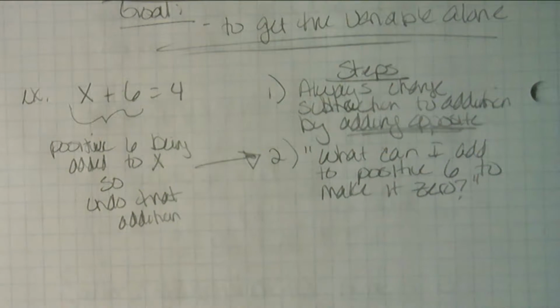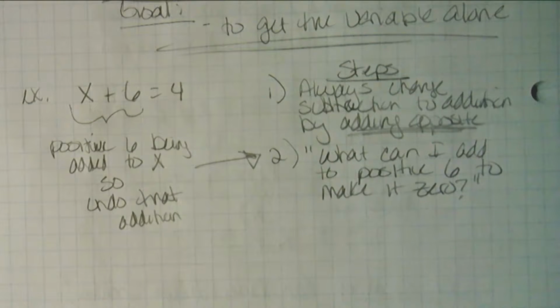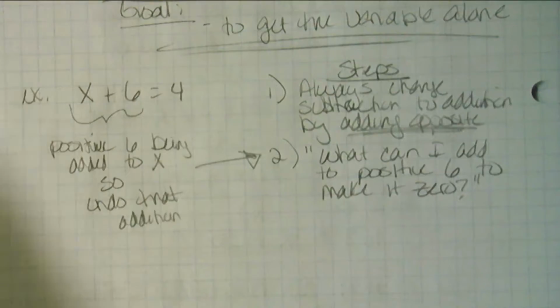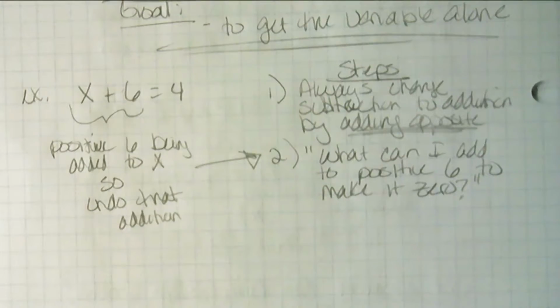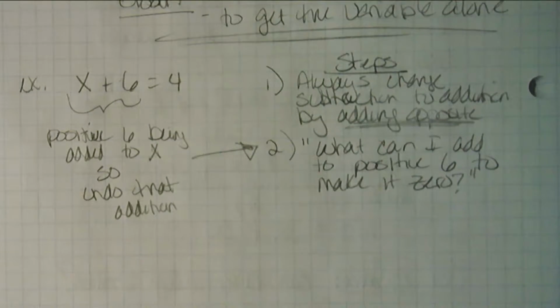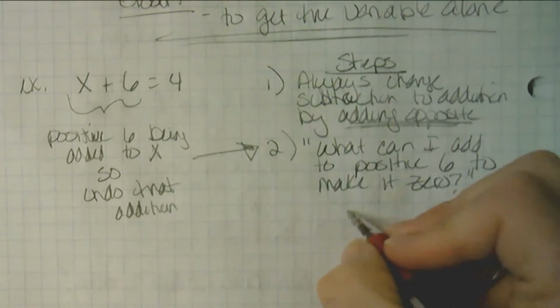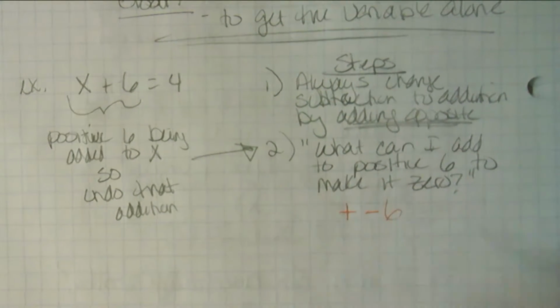That's always what you want to be adding, because remember, I want to get that x alone. I want whatever's happening to that x to go away. Well, what can I add to a positive 6 to make it 0? Jacob? A negative 6. I can add a negative 6.